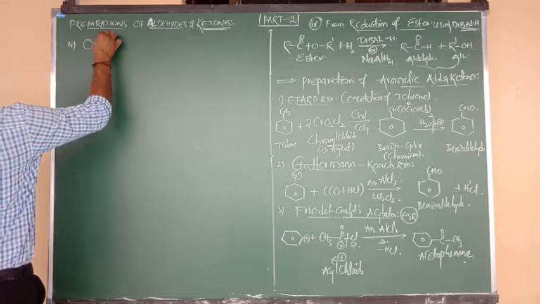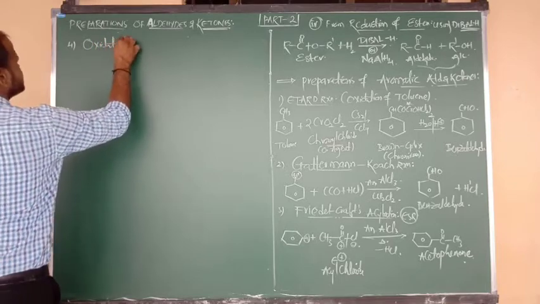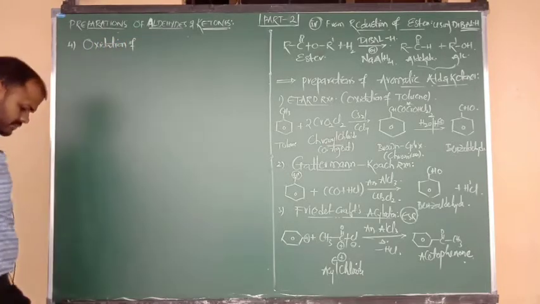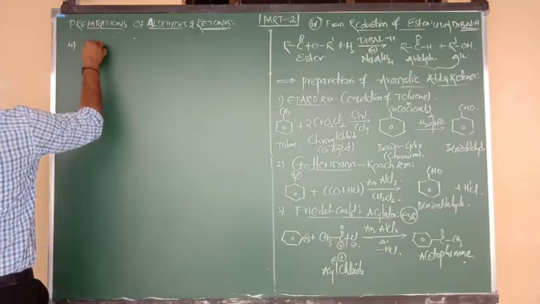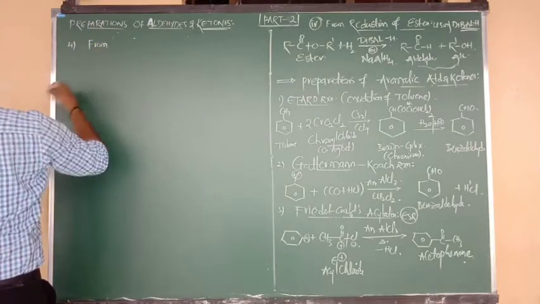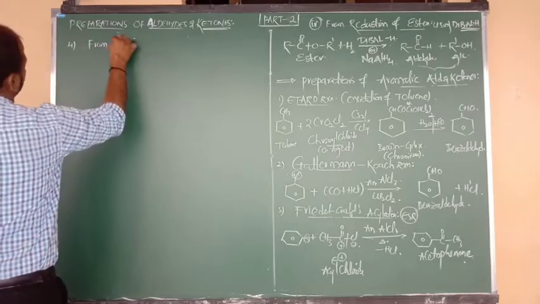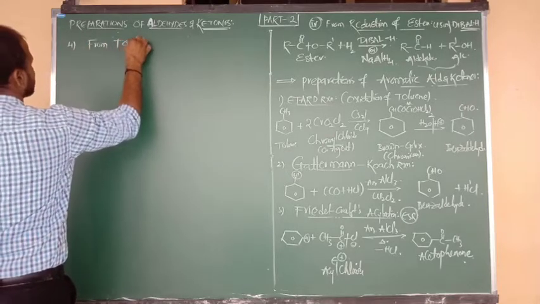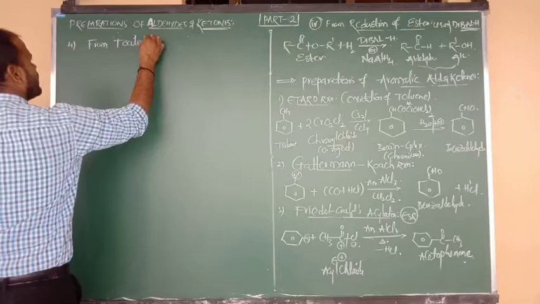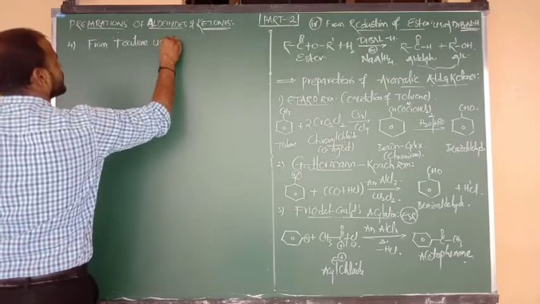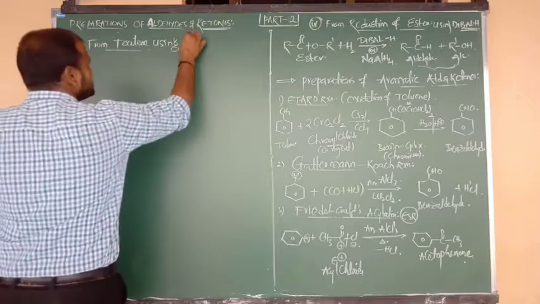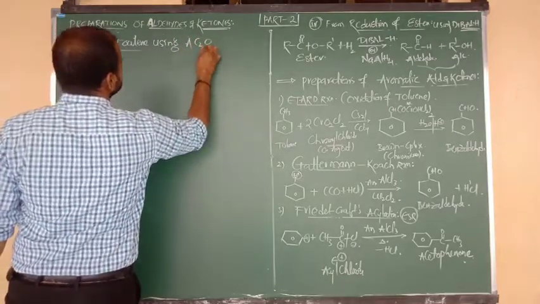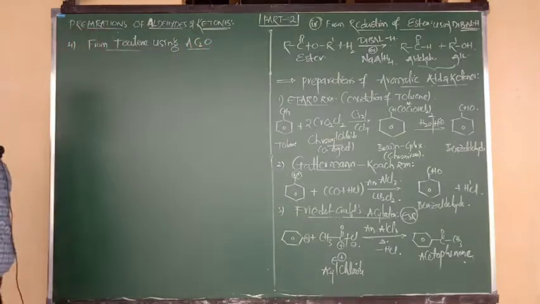Oxidation of toluene using acetic anhydride, nothing but Ac2O. What is meant by Ac2O?